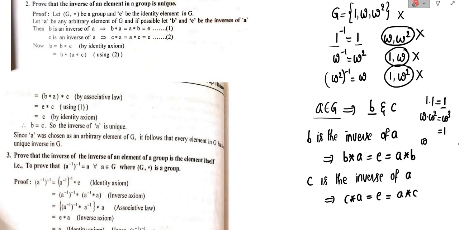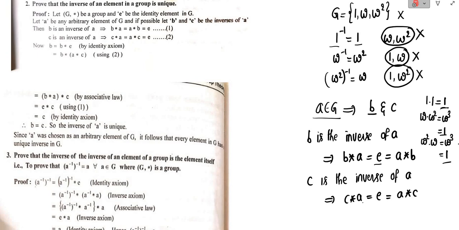Next, omega square and its inverse, that is omega, again gives omega cubed. That means again we are getting the identity element. So the inverse of an element times the element is equal to the identity element.